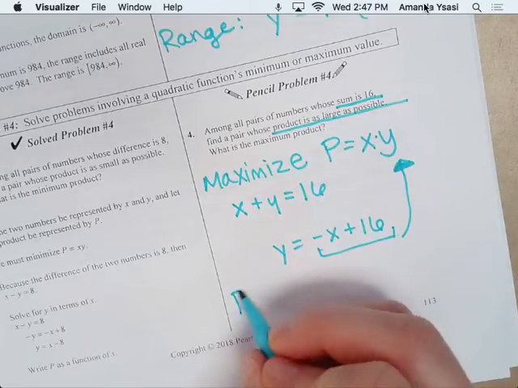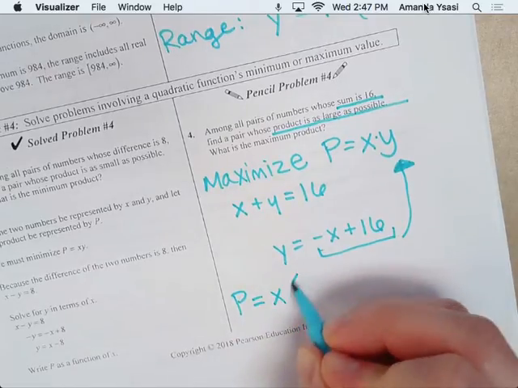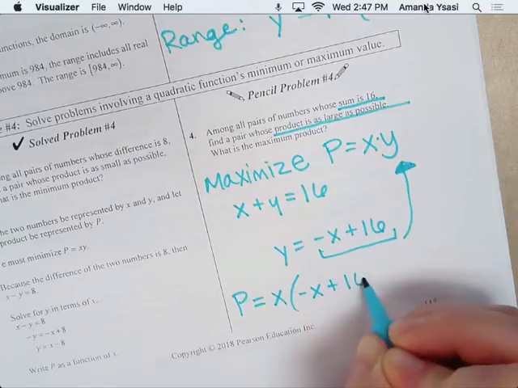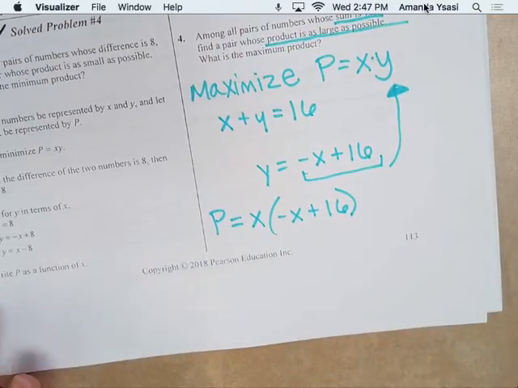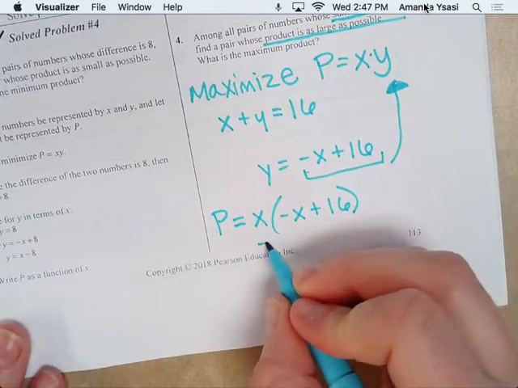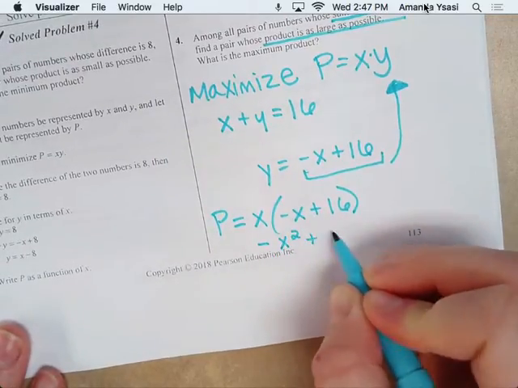So it's going to be P equals x times negative x plus 16. Negative x squared plus 16x.